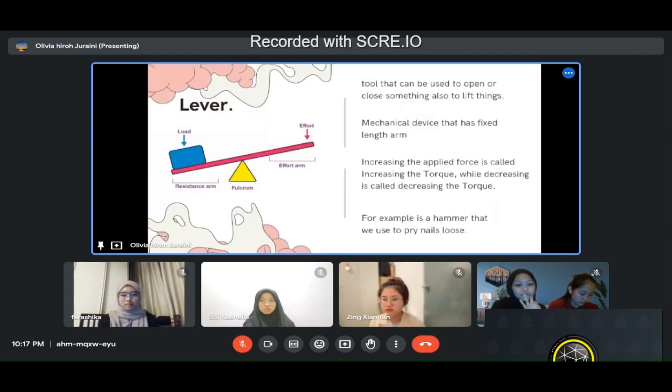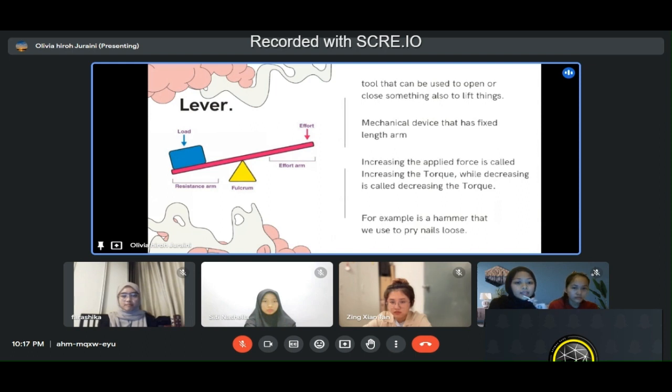Next is the lever. A lever is a simple machine, a tool that can be used to open or close something, and levers can also be used to lift things.